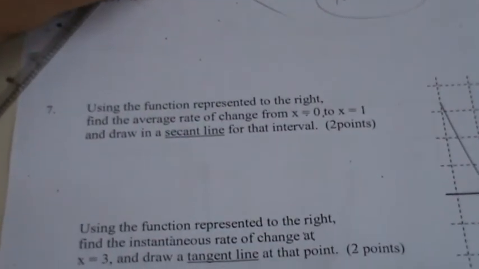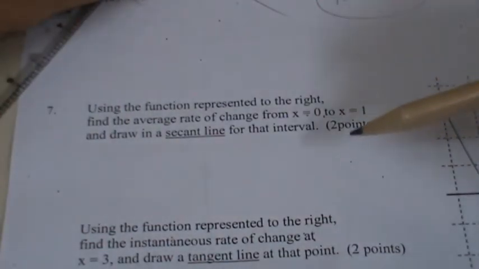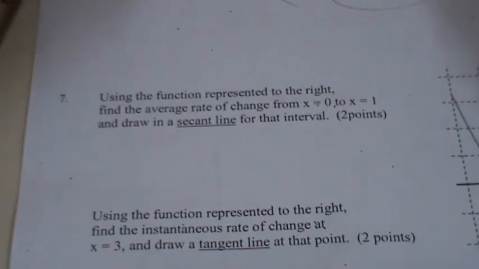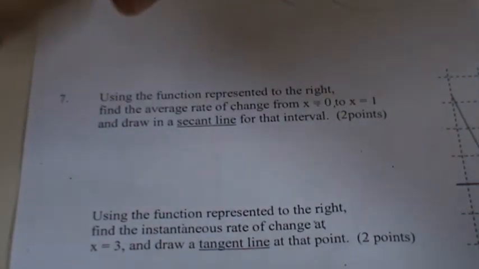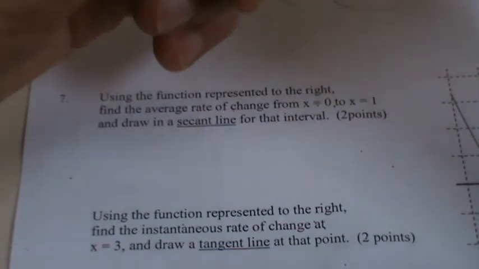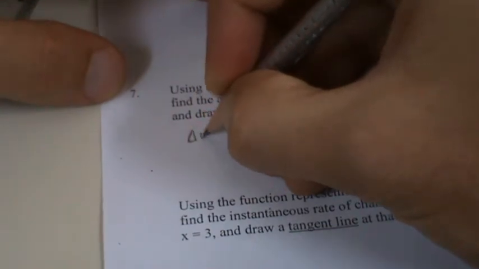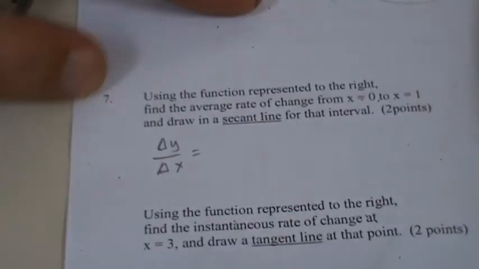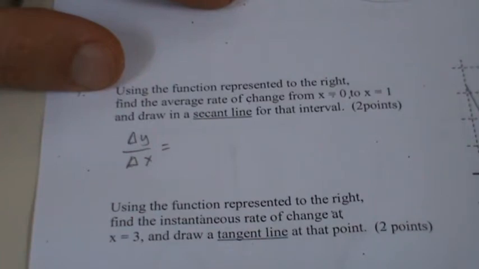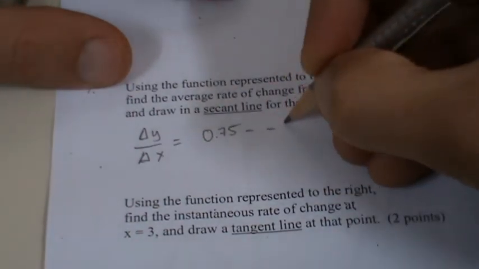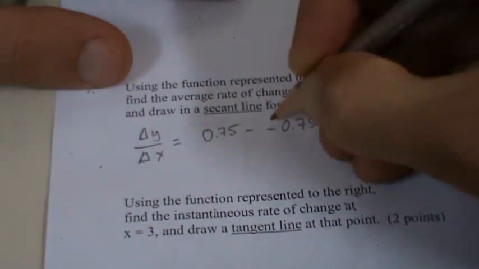Okay, so now in order to find the average rate of change, I've drawn my secant line already. Basically what I'm going to be doing is using the slope formula. So it's the change in y divided by the change in x. Remember, it's delta y over delta x. My change in y here is 0.75 minus a negative 0.75.